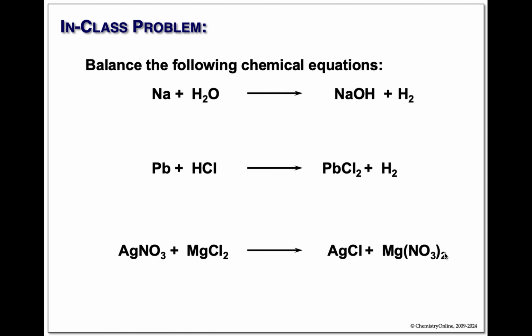Two hydrogens, that's good. One sodium. I miscounted though. We have three hydrogens here, don't we? Gotta put a 2 in. Now we have four hydrogens. We have four hydrogens, we need two waters.